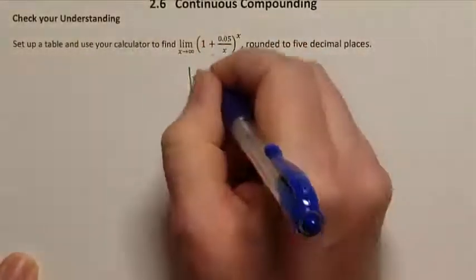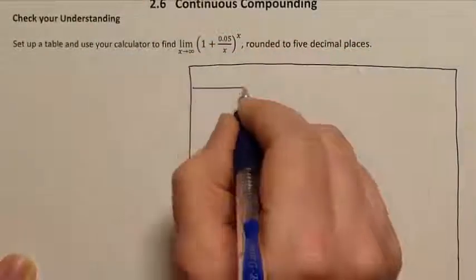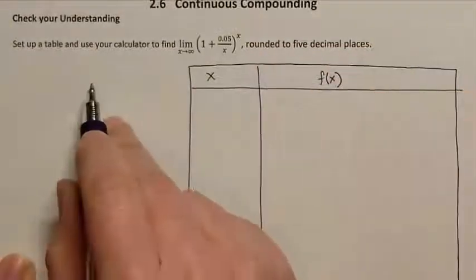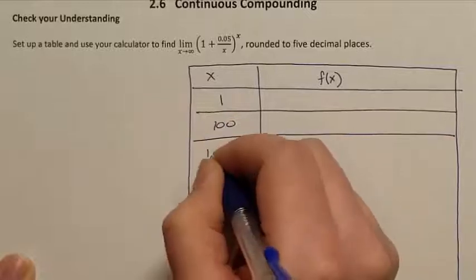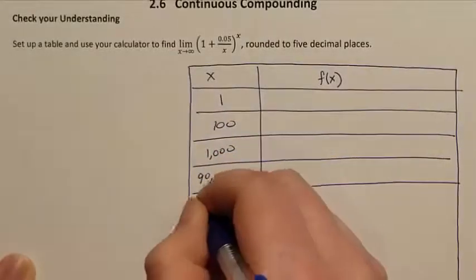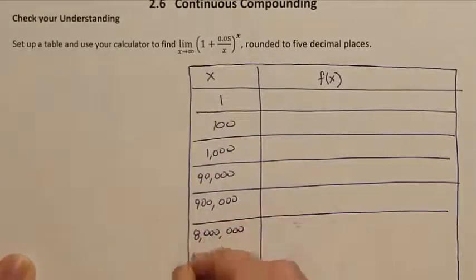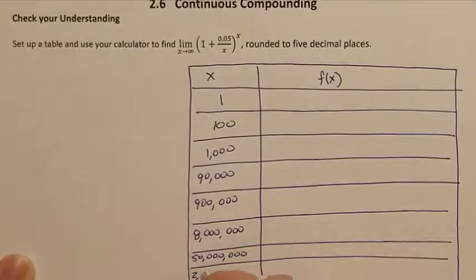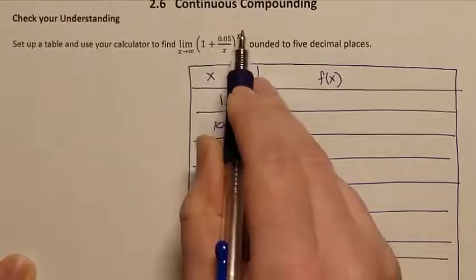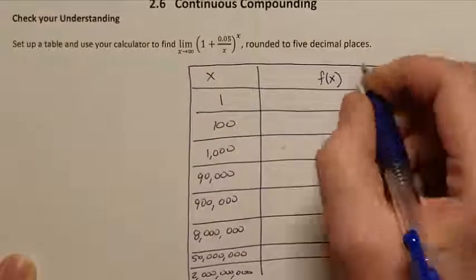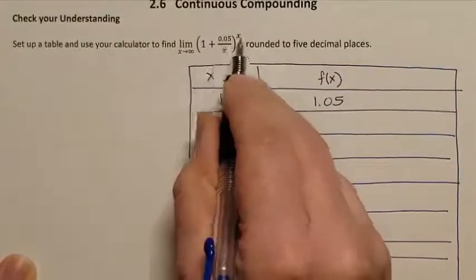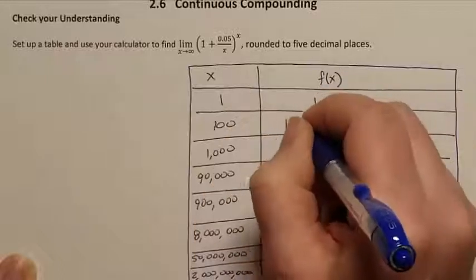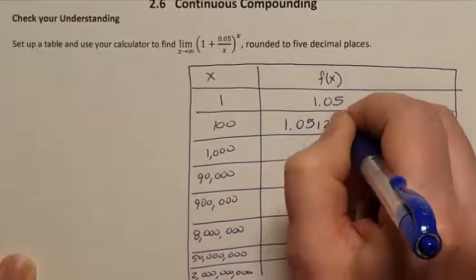So it wants us to make a table. And it wants me to have my x's go to infinity. Plugging 1 into this big problem, I get 1.05. 100 into this big problem, I get 1.05126.